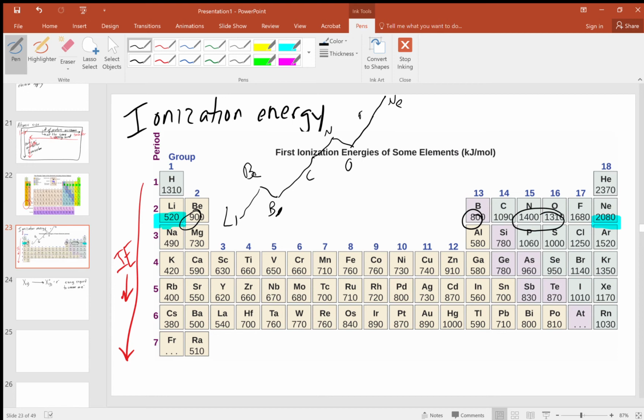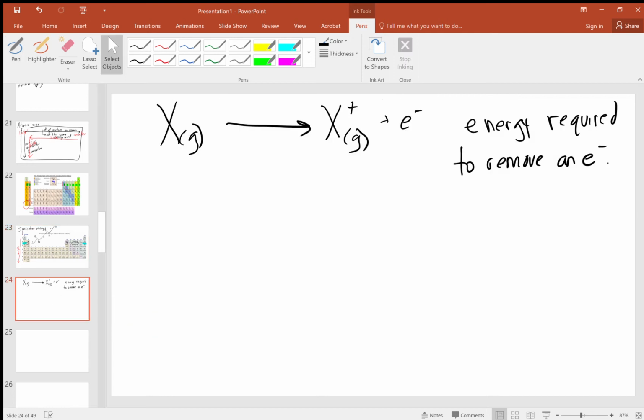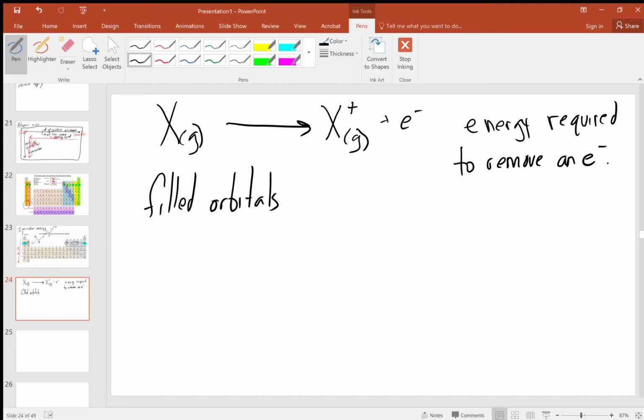So why that type of trend? Well, this has to do with stability. Filled orbitals are generally the most stable.